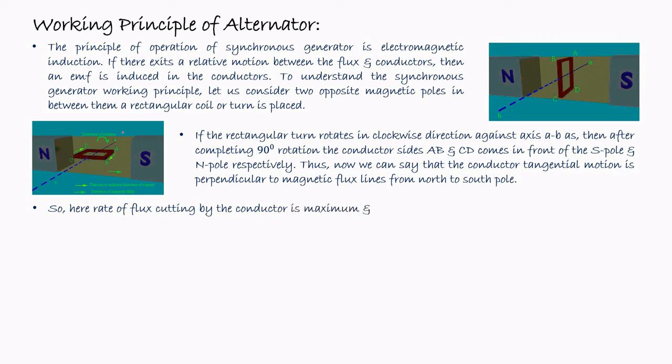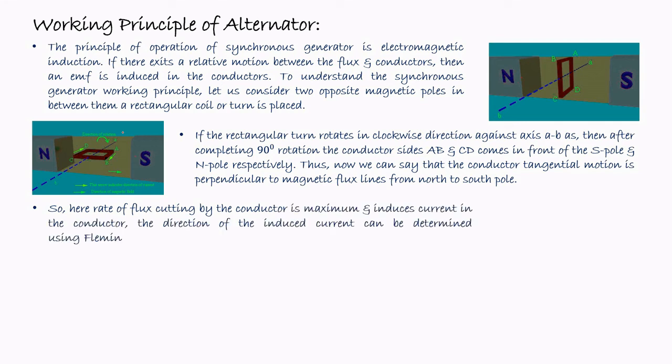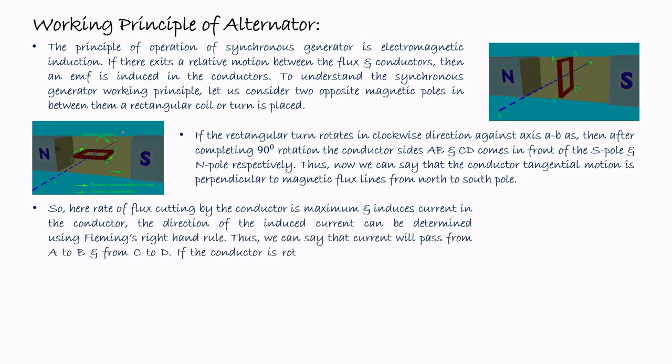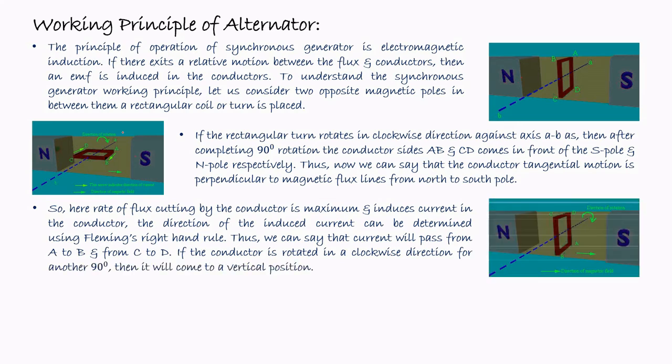So here the rate of flux cutting by the conductor is maximum and it induces current in the conductor. The direction of the induced current can be determined by using Fleming's right hand rule. Thus, we can say that the current will pass from A to B and from C to D.